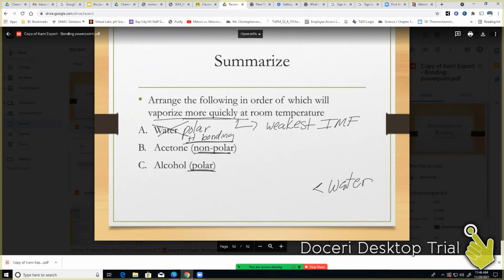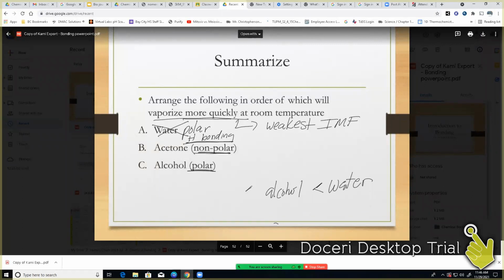I have one that is polar and one that is nonpolar. So look back over your notes. If you look right at the beginning of your notes under B, 3 types of intermolecular forces, before we even start listing them as 1, 2, 3, we said the strongest intermolecular forces exist between what kind of molecules? Polar. So which one should be in the middle? Alcohol.